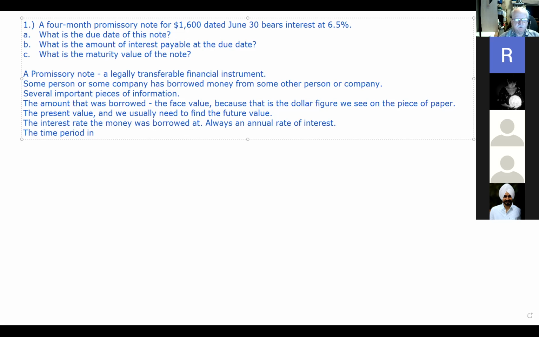And the time period can be in months or days, but we always have to calculate it in years. And what they call the date of issue.